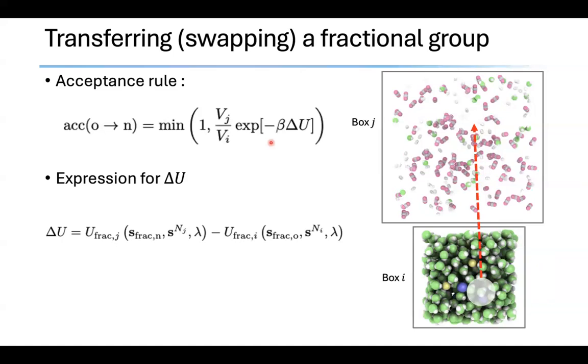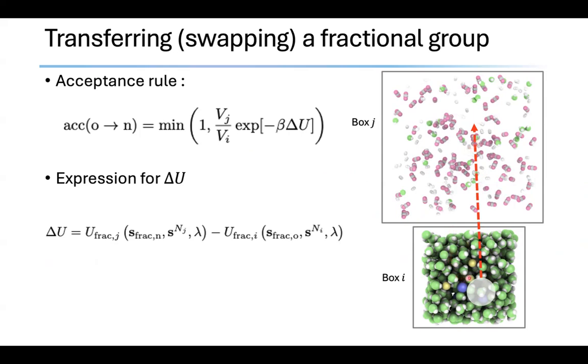The next set of moves are called transferring or swapping a fractional group. What happens here is that you choose a particular fractional molecule in box I, and you transport that fractional molecule to box J in a random position. While you're swapping, or while you're changing the position of this fractional molecule into a new box, you do not change the value of lambda.